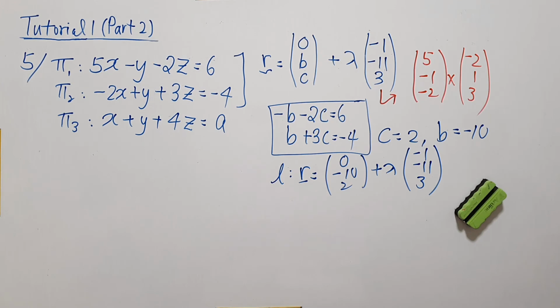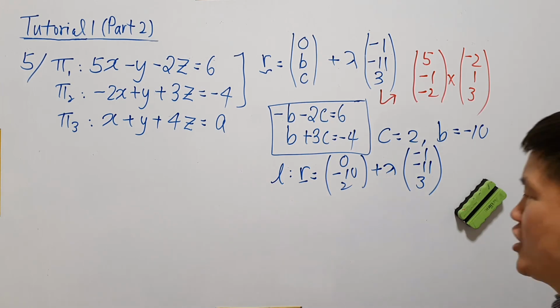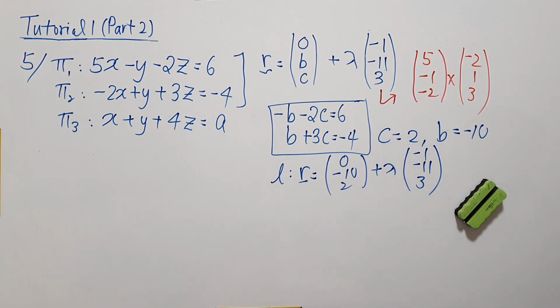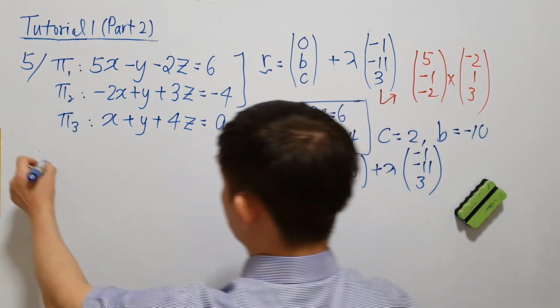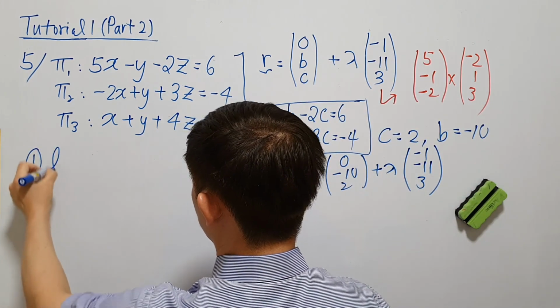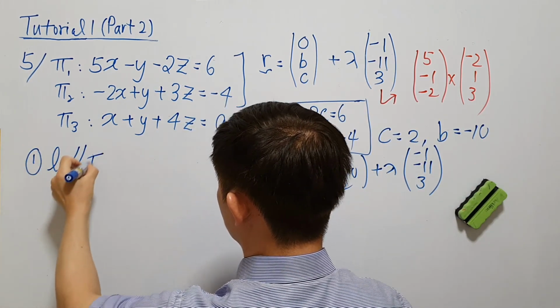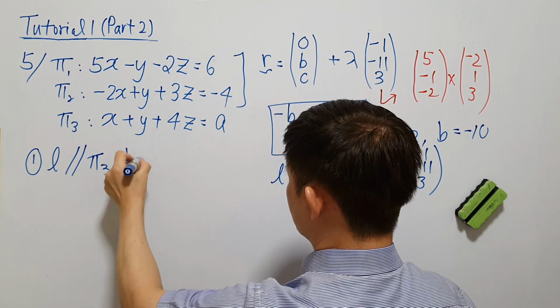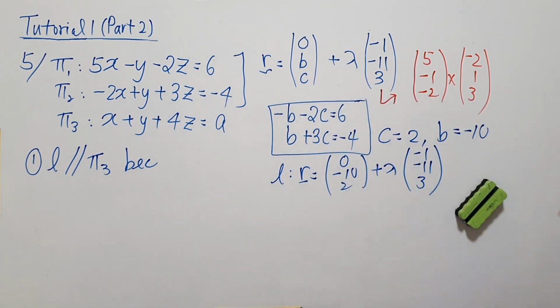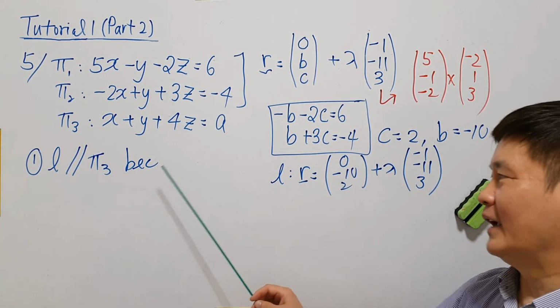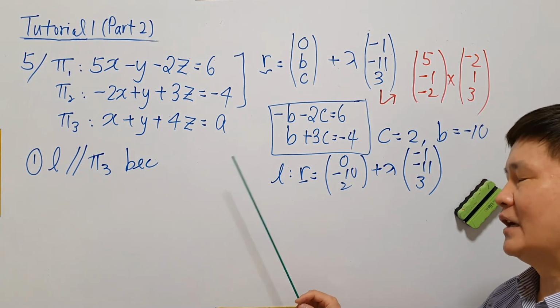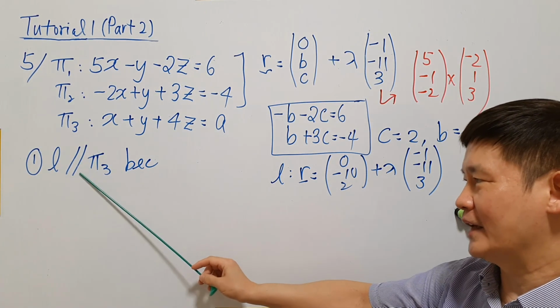Then the next thing is, we now want to study the relationship between this intersecting line of the first two planes and the third plane. So once again, we check: are they parallel? How do we check? I will always write this first, because if later on the dot product doesn't turn out to be 0, I just cancel all this as not parallel.